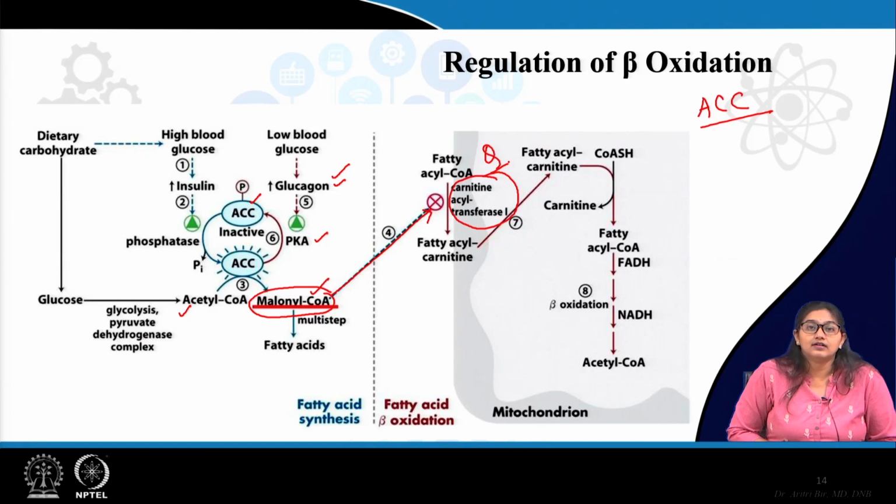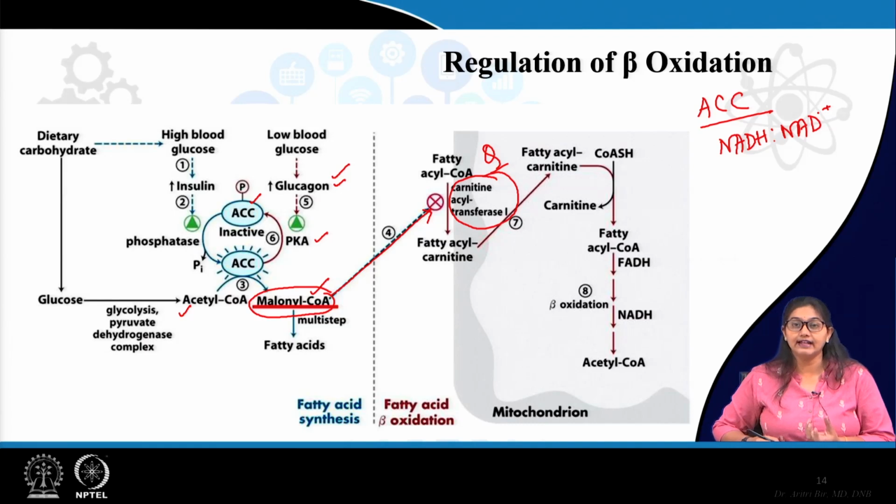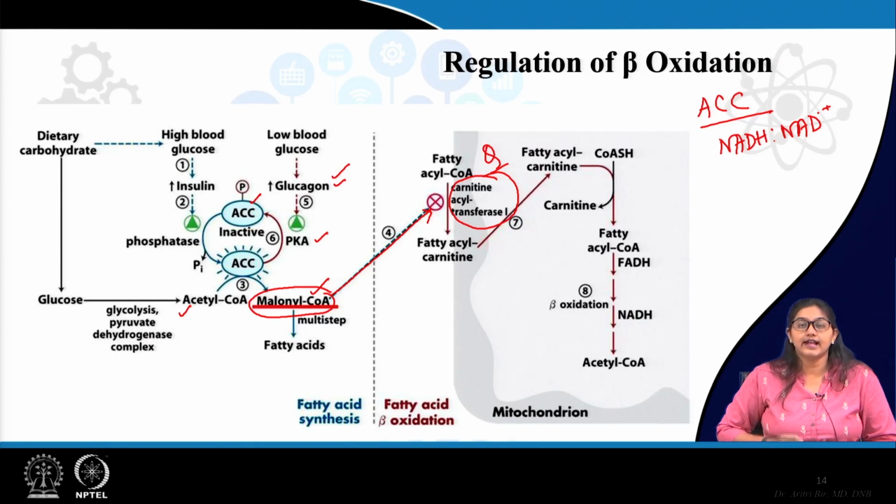Next, apart from that, there are two other signals, that is the NADH-NAD ratio. Remember, whenever there is excess amount of NADH produced in glycolysis and TCA cycle, it indicates there is adequate amount of energy. So, high NADH or high NADH-NAD ratio is a signal that no more beta oxidation is required.